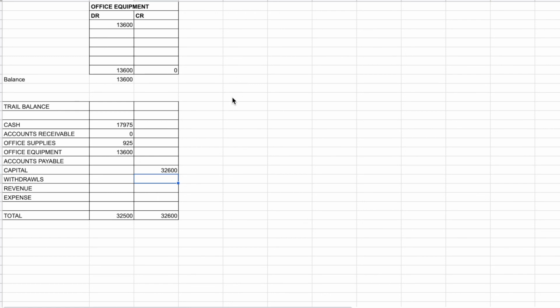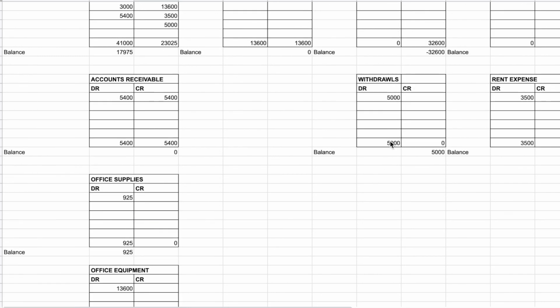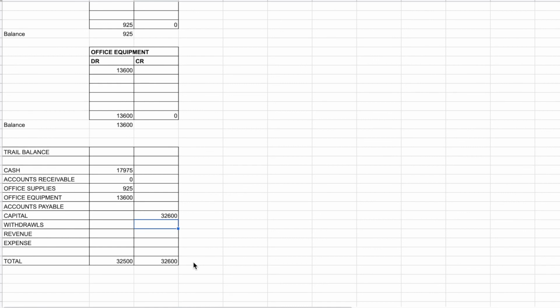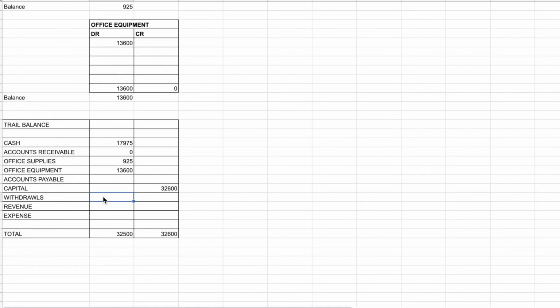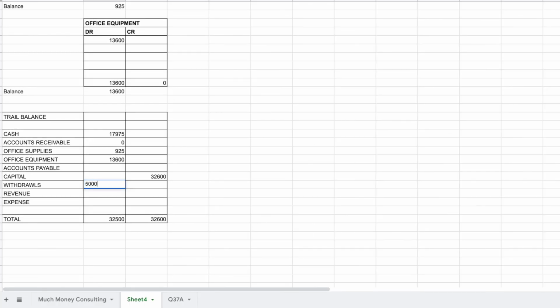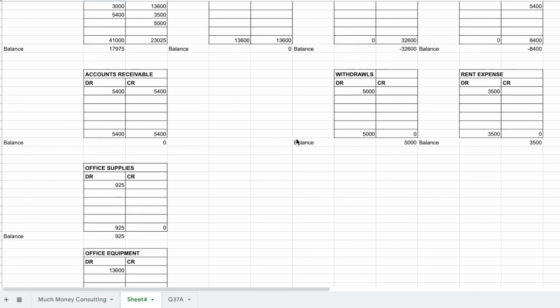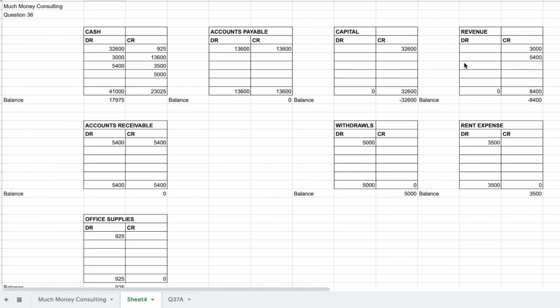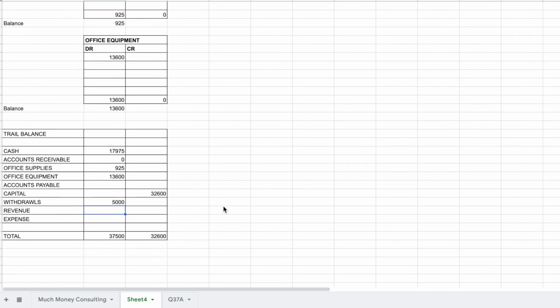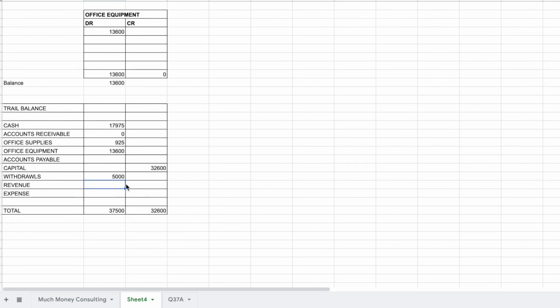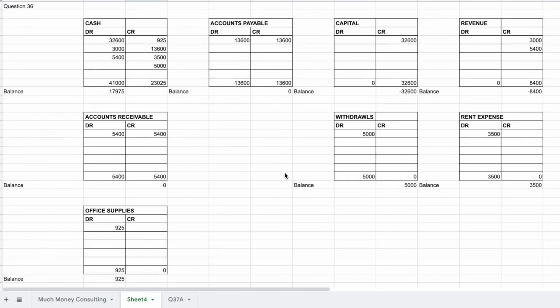He took 5,000 out, so that goes on the debit side, 5,000. And we look at revenue, which would normally have a credit balance, $8,400. And if we look in our expense account, it has $3,500, and normally that would have a debit balance of $3,500.